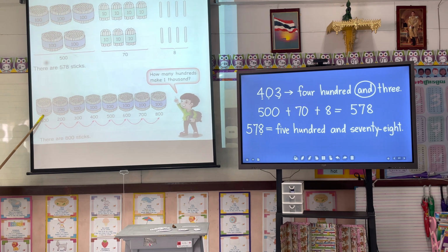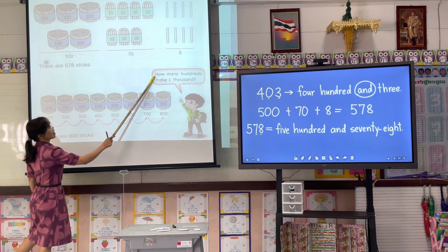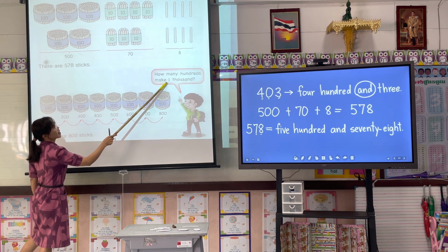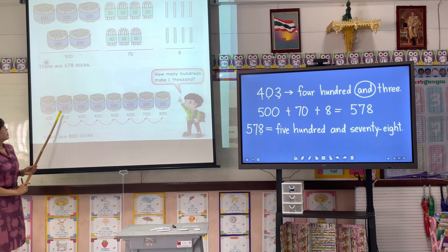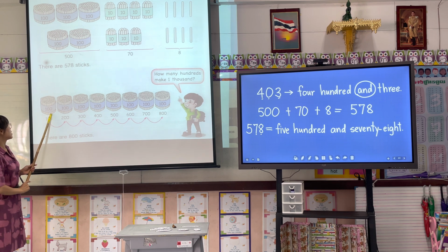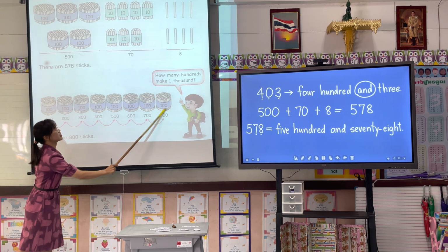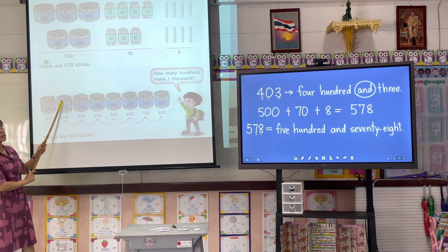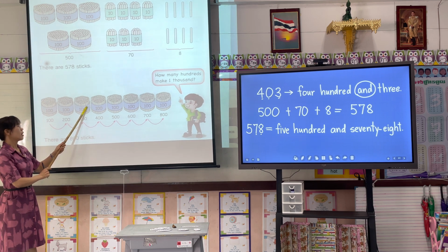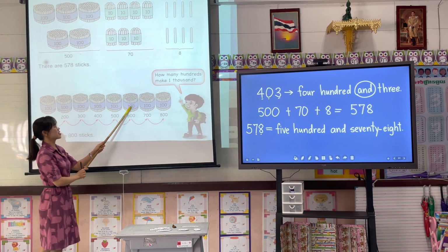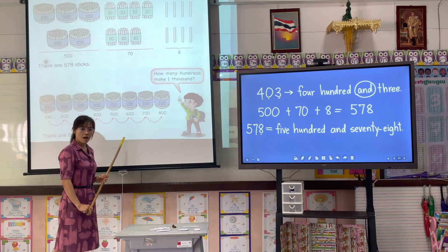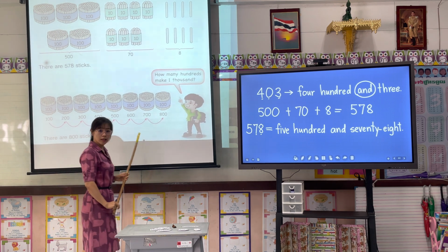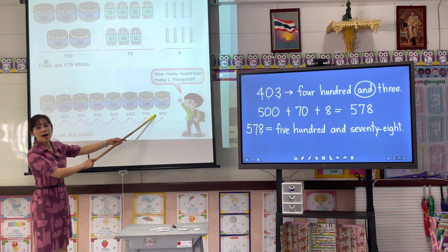Okay. So how many sticks? How many hundreds make up 1,000 here? Okay, how many? First, look at the picture. How many hundreds? Let's count. 1, 2, 3, 4, 5, 6, 7, 8. Okay, 8 groups of hundreds is equal to 800.